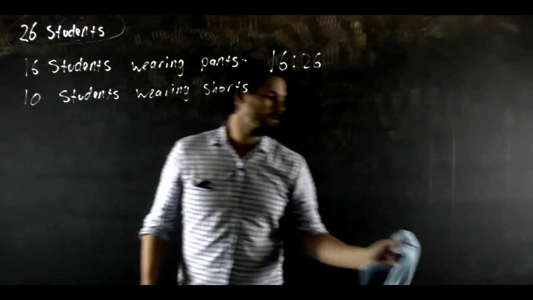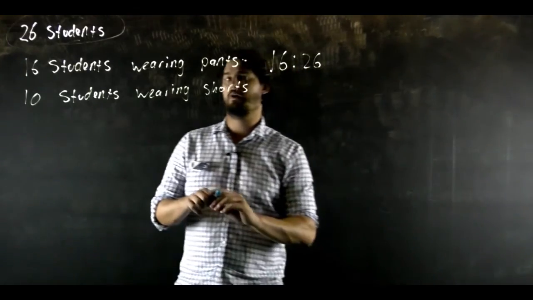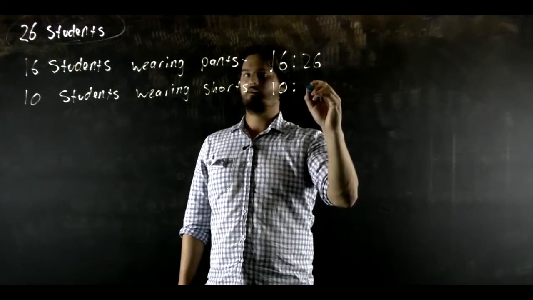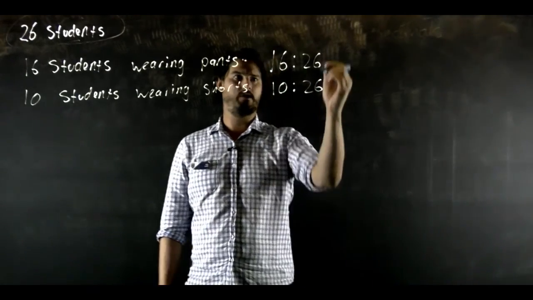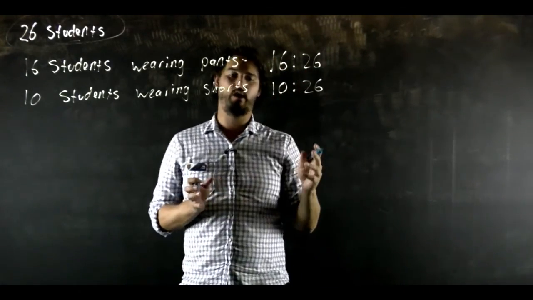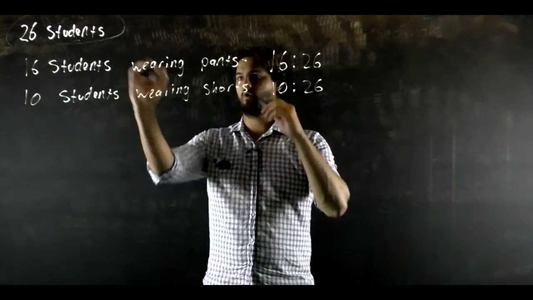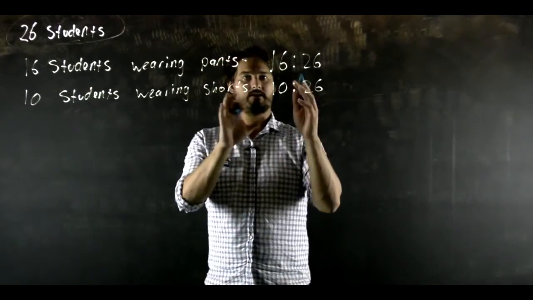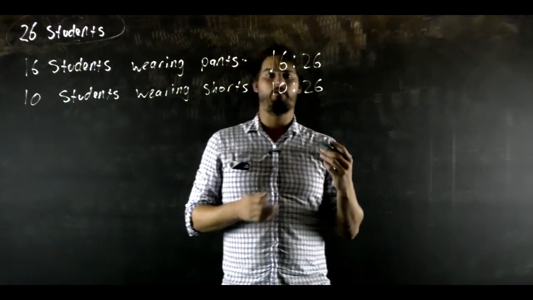Our next one, we have 10 students wearing shorts, we're going to write as 10 to 26. You notice that the total numbers are always on the right hand side and what we've split our class into is on the left hand side. So that's technically correct if we're talking about our ratios.